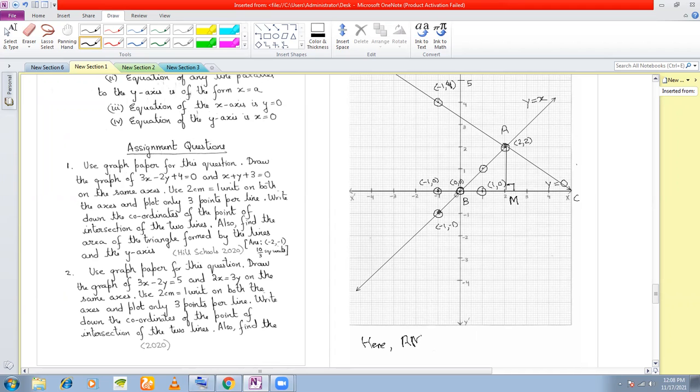The height of the triangle. If you see the height of the triangle, this length is 2 units, right? You can see all of you, 2 units, right? And what is the base of this triangle here? The base of this triangle, if you see, is 5 units. You can see 5 units.